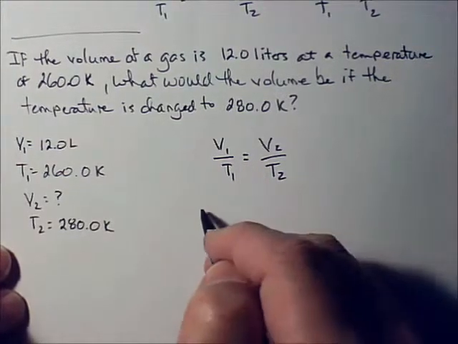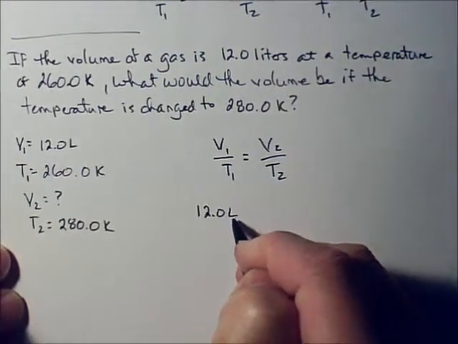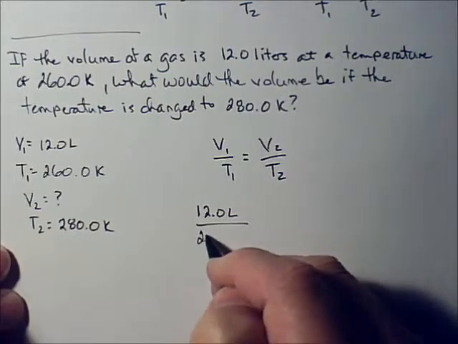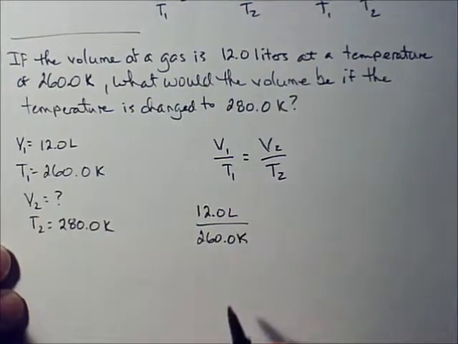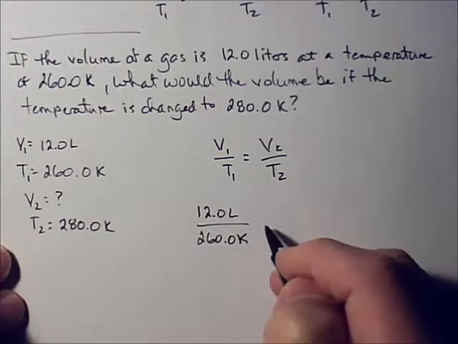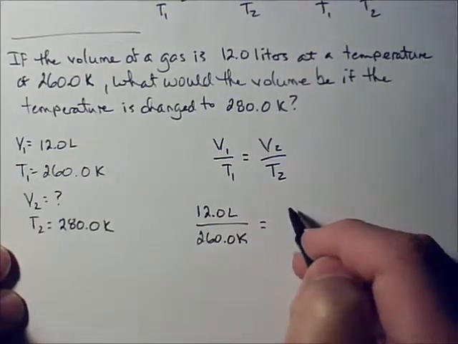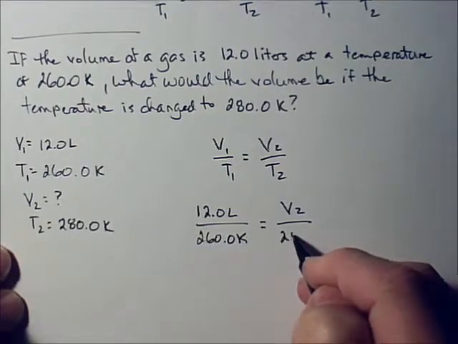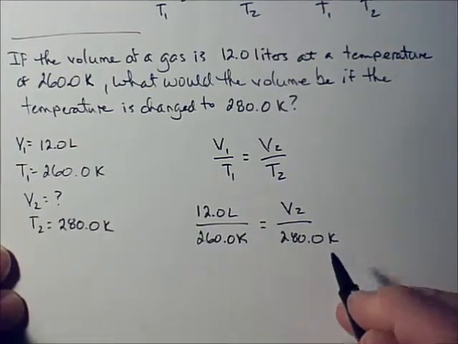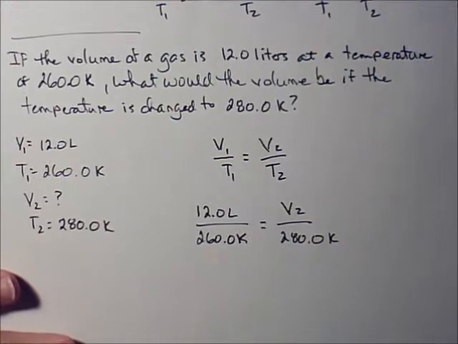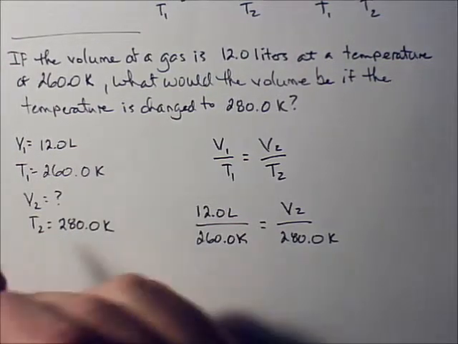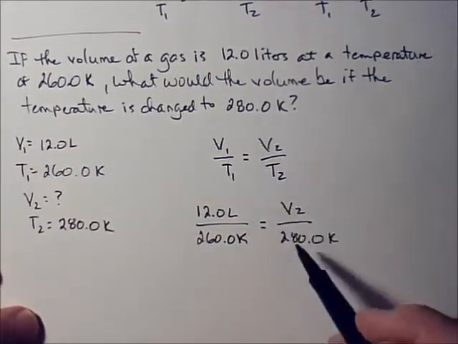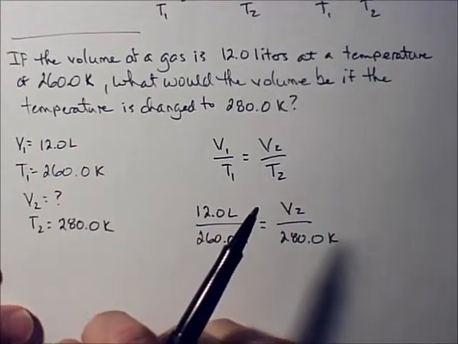We know volume 1 is 12 liters. We know that temperature 1 is 260.0 K. We know that equals volume 2, which we don't know, but we know the temperature 2 is 280.0 K. All right, list knowns and unknowns, write the equation, plug in what you know. Now we want to isolate the thing that's not known.